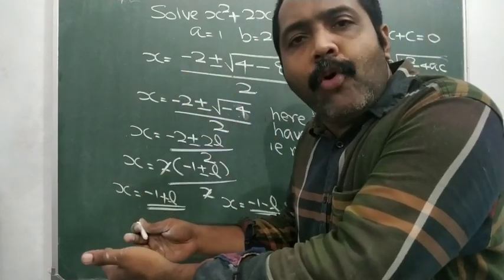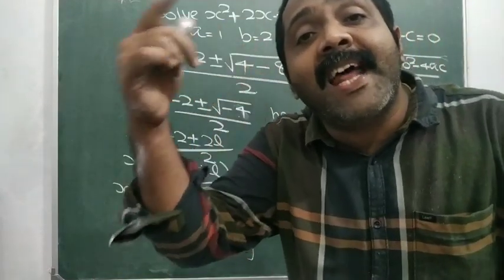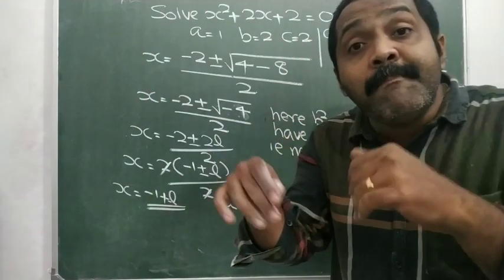Such types of numbers are called imaginary numbers. Which numbers?